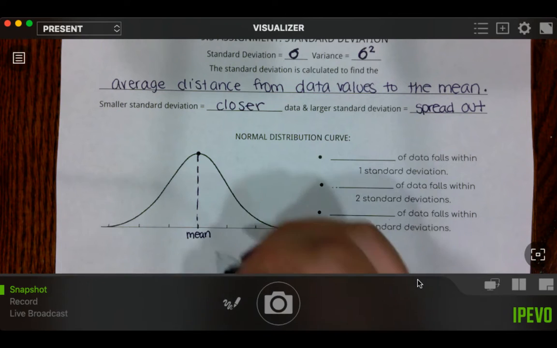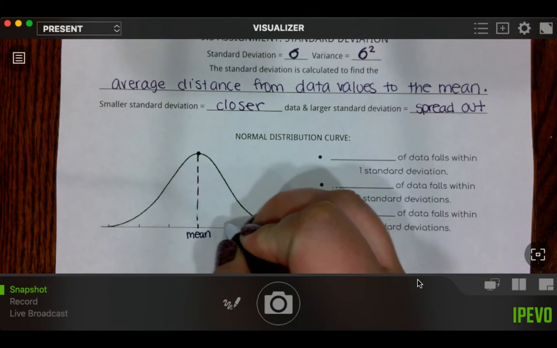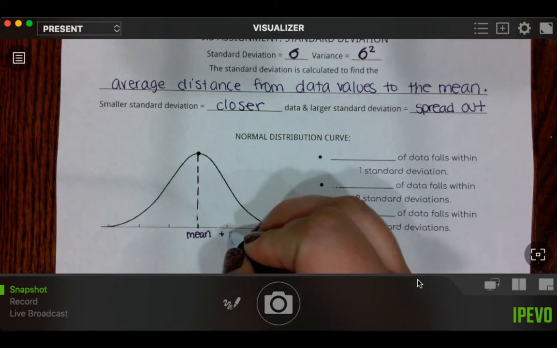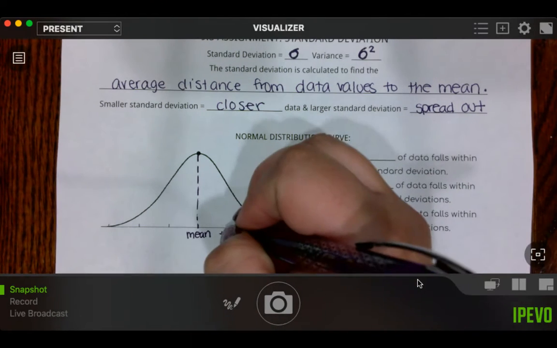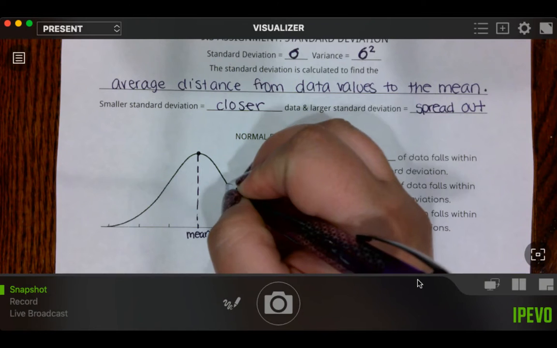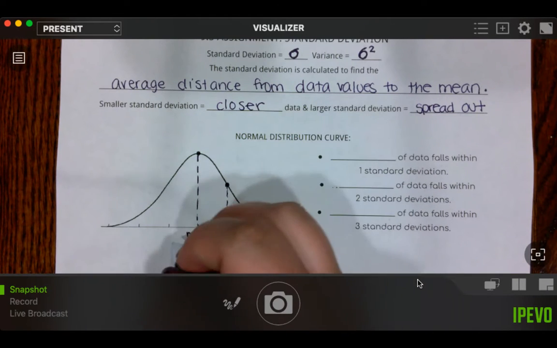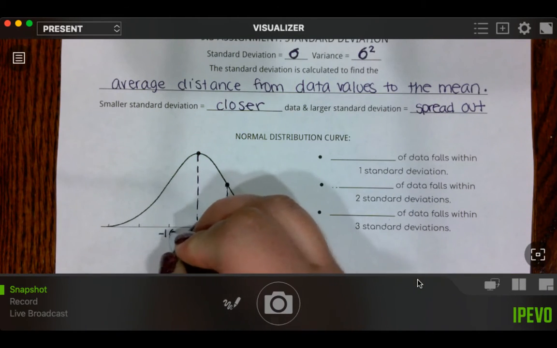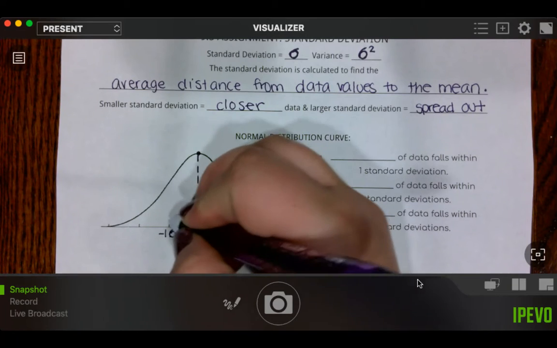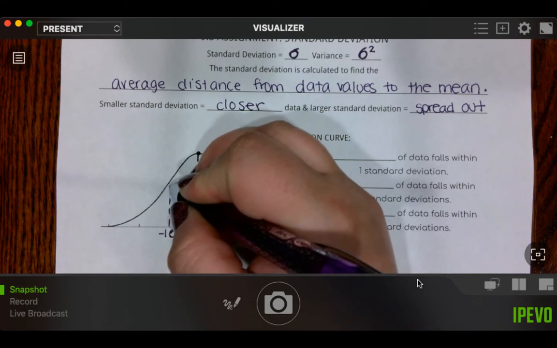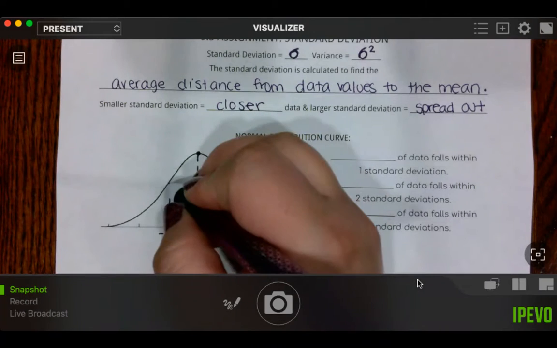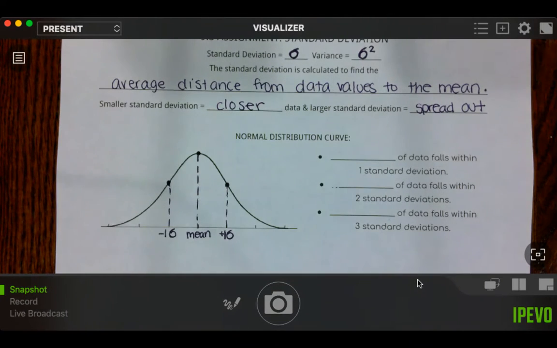And if we add one standard deviation, then we get this part right here. And if we subtract it, we get this one right here. It's almost like a funky 6. That's kind of how I draw mine. I'll give you a second to make sure you've got yours labeled too.